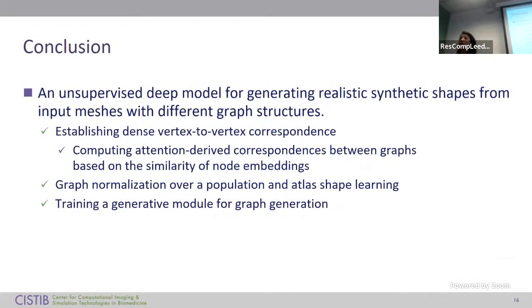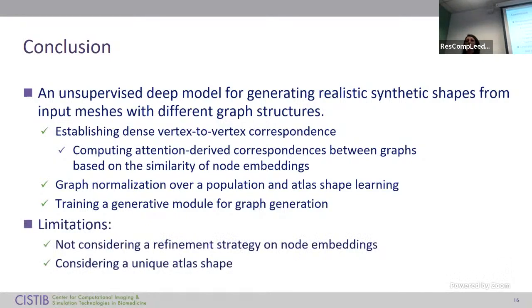So as a conclusion, we proposed an unsupervised generative model using the representation of shapes as a graph, and then we computed attention-driven correspondence between each training sample and an atlas shape. Then we normalized all the structures over the population, and then we can train a generative model to generate synthetic data.